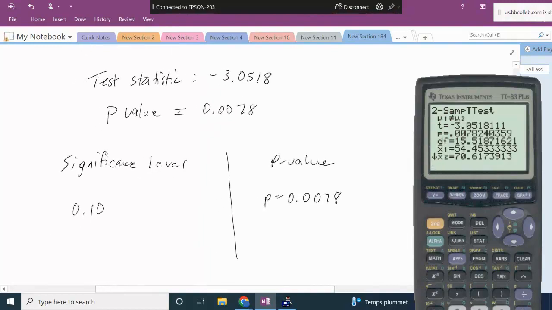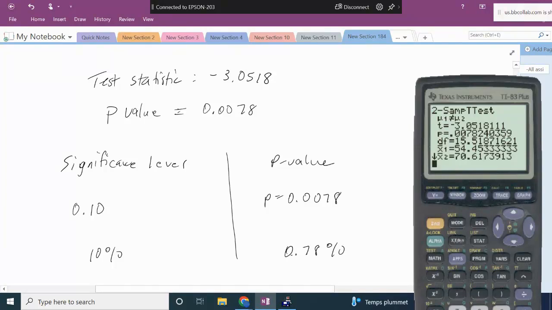Now, since both of these values are in decimal form, there's really no need to convert to percentages, although you could. We could move 2 decimals to the right. So our significance level is 10%. For the p-value, we have 0.78%.